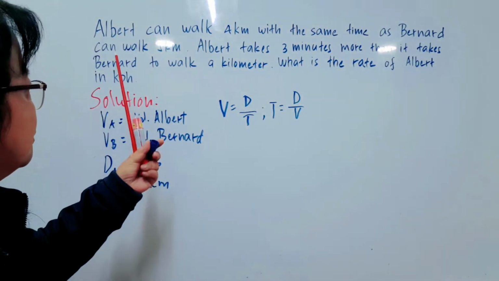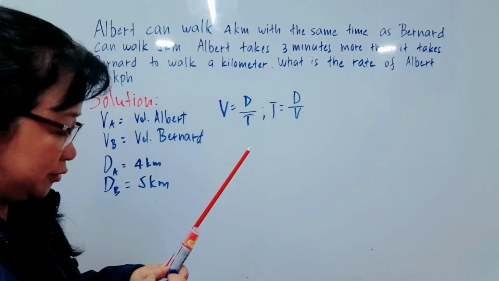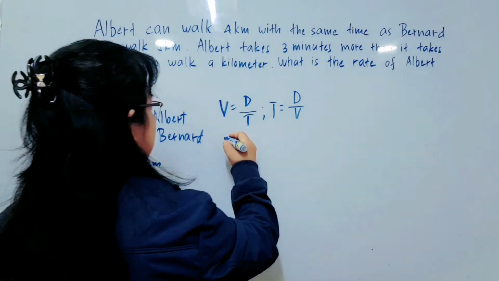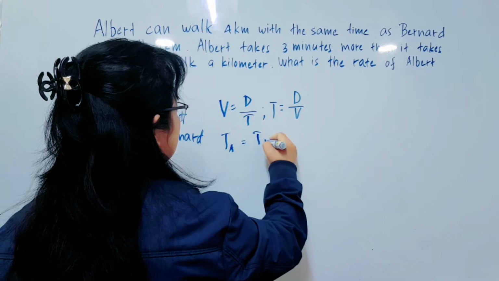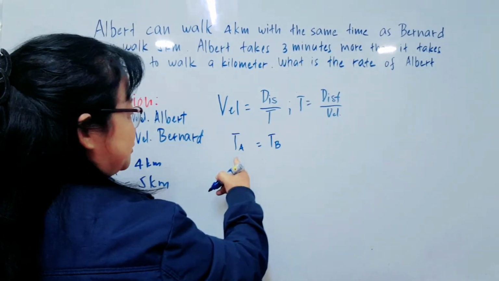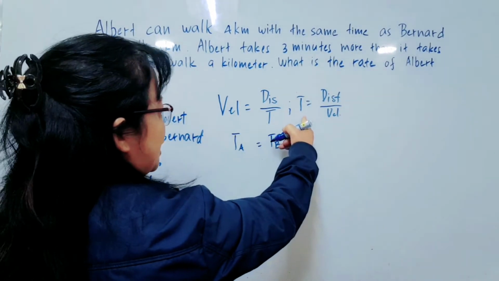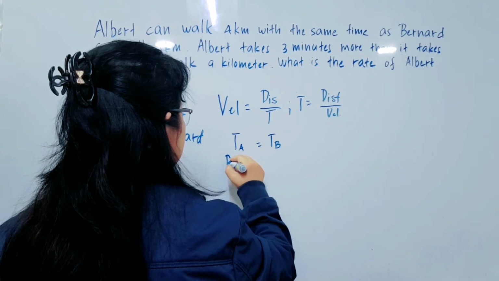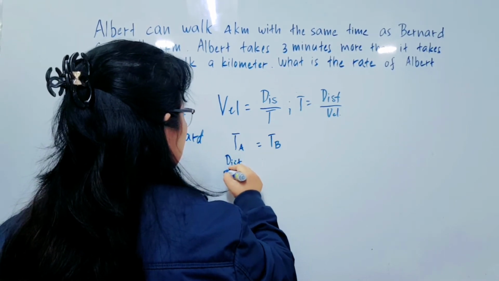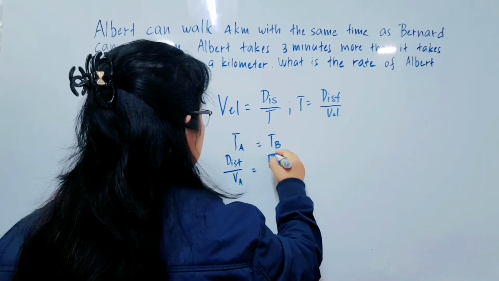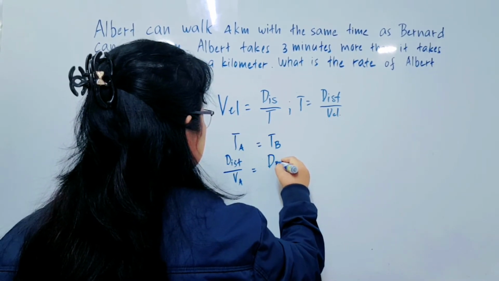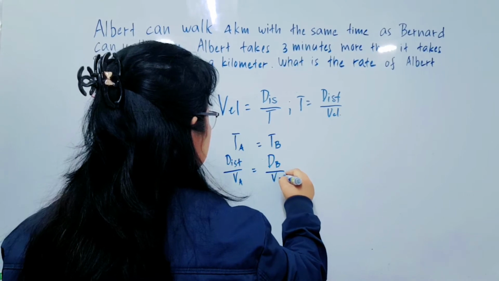Here, because they have the same time walking together, TA is equal to TB. Now substituting the formula of time, distance over velocity, we have dA over VA is equal to dB over VB.